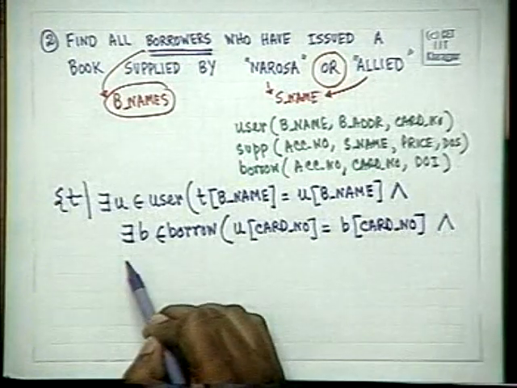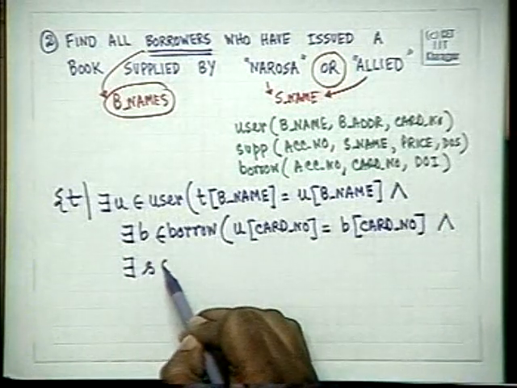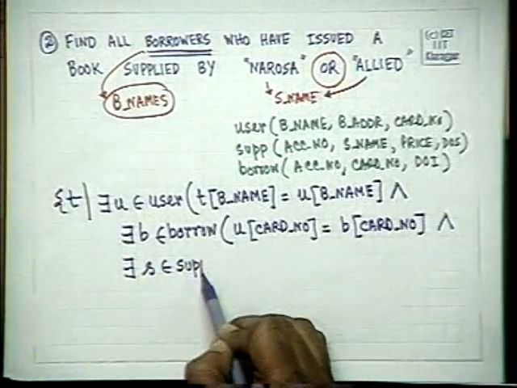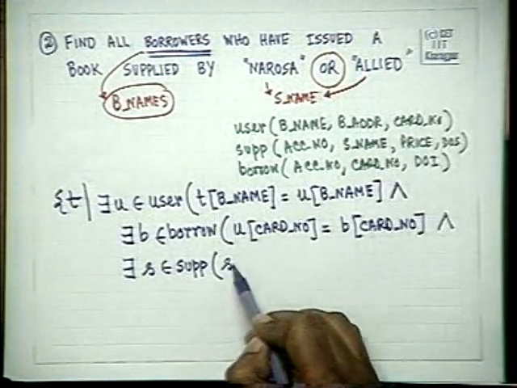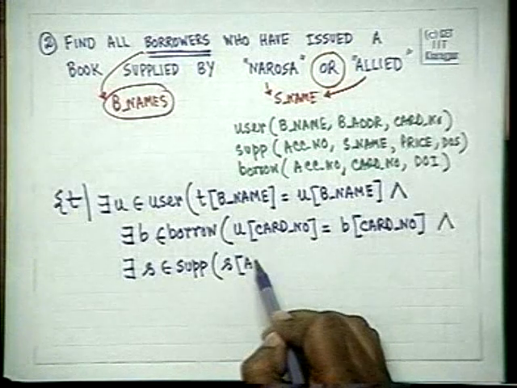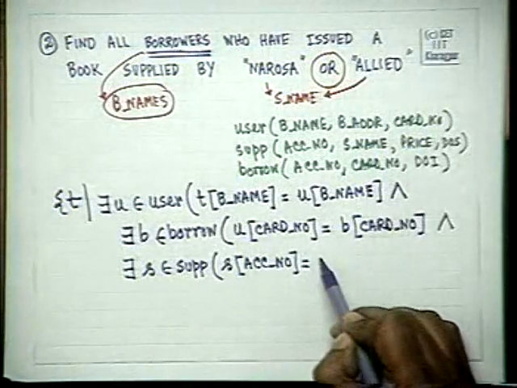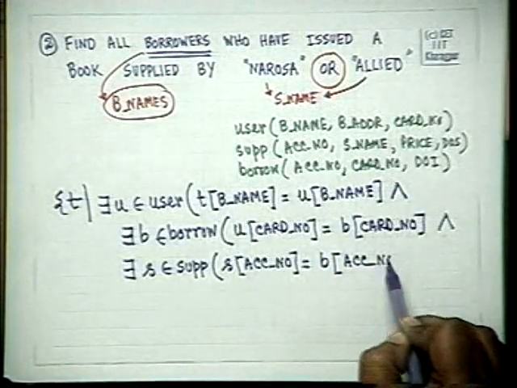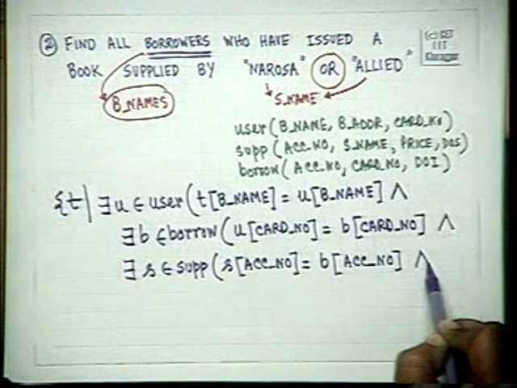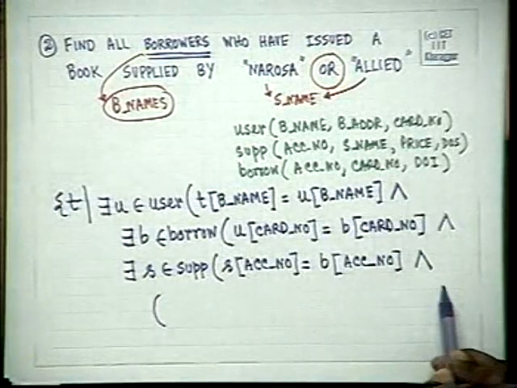and for this we must have some S element of the sub relation such that S accession number is equal to B accession number, and now we have an OR relation.